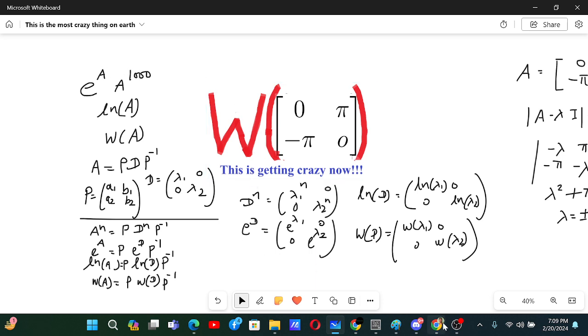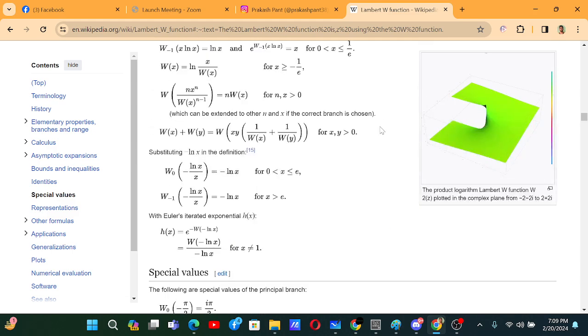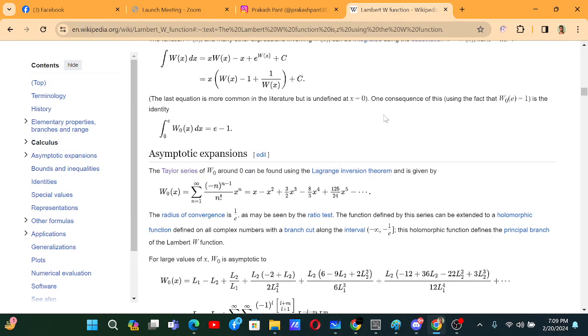Okay, wait, why isn't this working? Let me look at the infinite series for Lambert W of x. So no, it should also work.